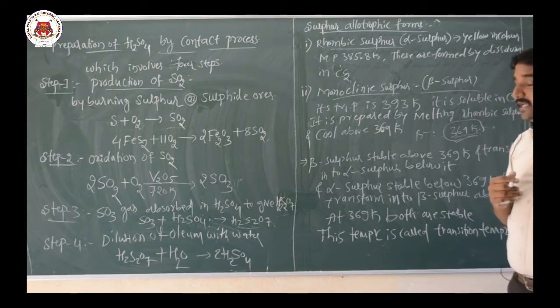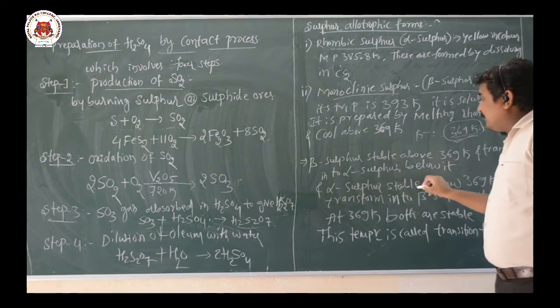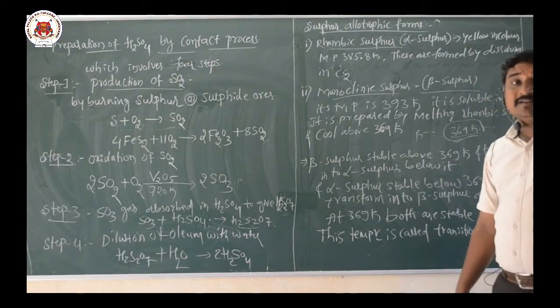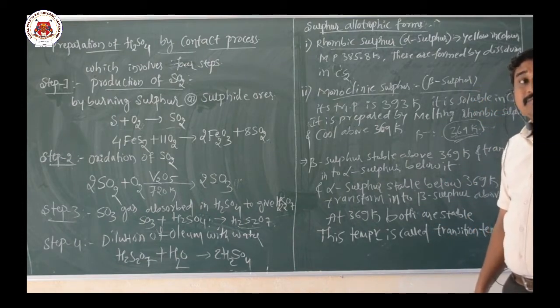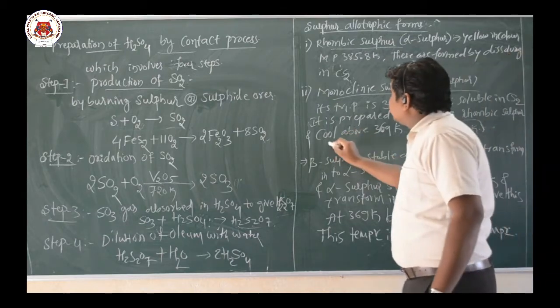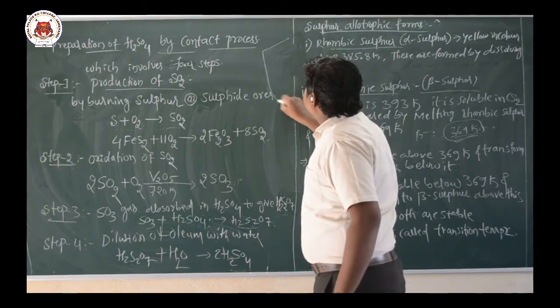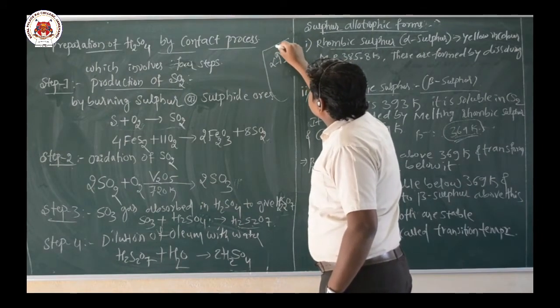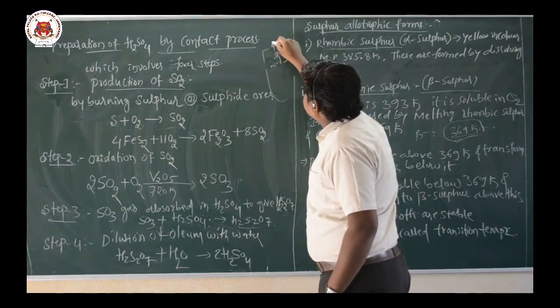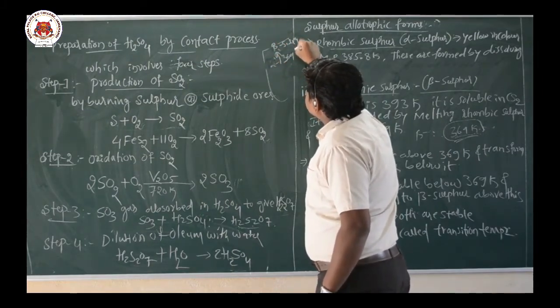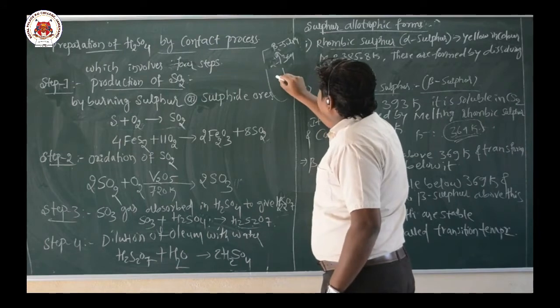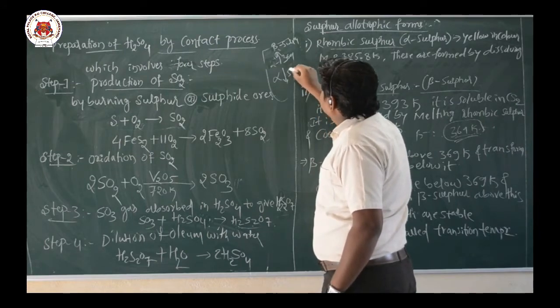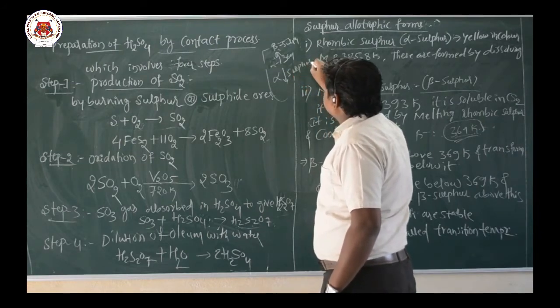Above 369 Kelvin, beta sulfur is stable, and alpha sulfur is more stable below 369 Kelvin temperature. So I will write here: beta sulfur is stable above 369 temperature, whereas below 369 Kelvin temperature, alpha sulfur is stable.